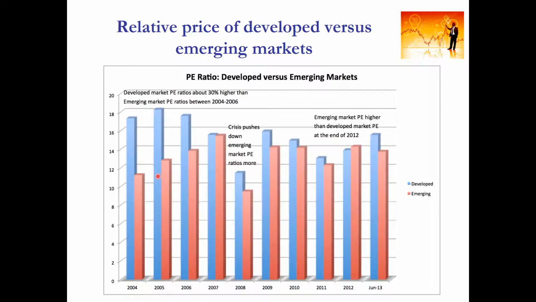And if you carefully look at these bars, you can see that the price earnings ratios of the developed markets tend to be higher compared to the average price earnings ratios of the emerging markets in the early 2000s. So which indicates that the stocks in the developed markets were relatively overpriced compared to the stocks in emerging markets. However, you can see just prior to the global financial crisis, the average P/E ratio in the developed and emerging markets tend to be similar.